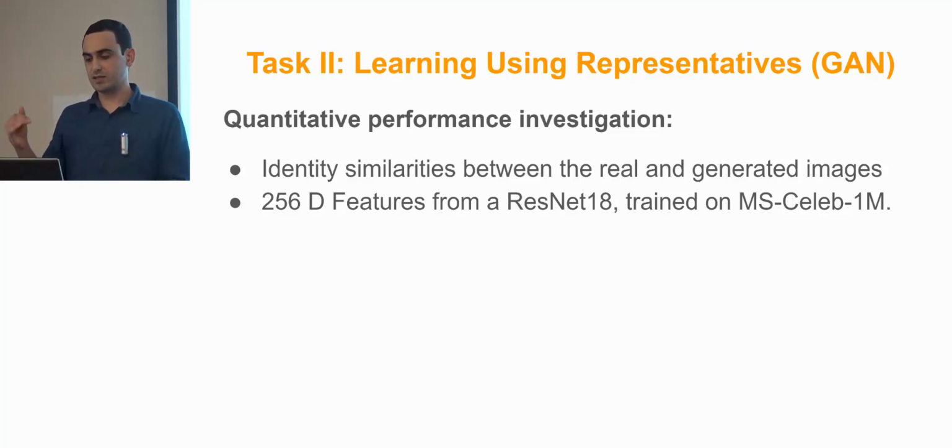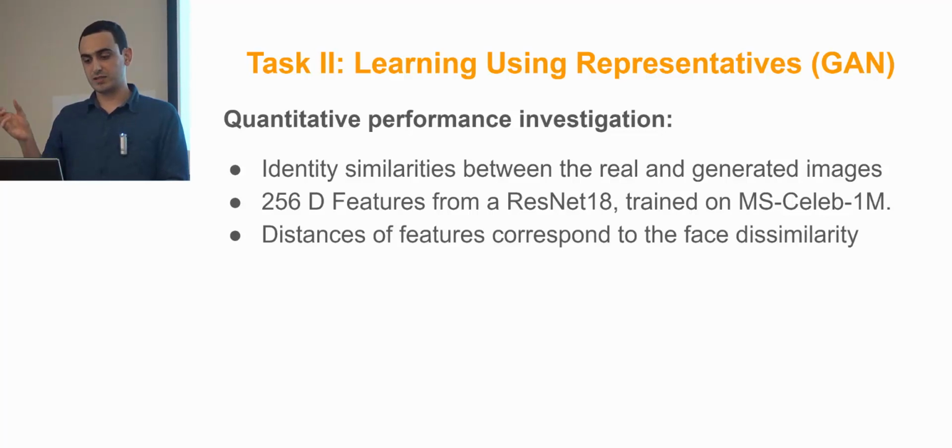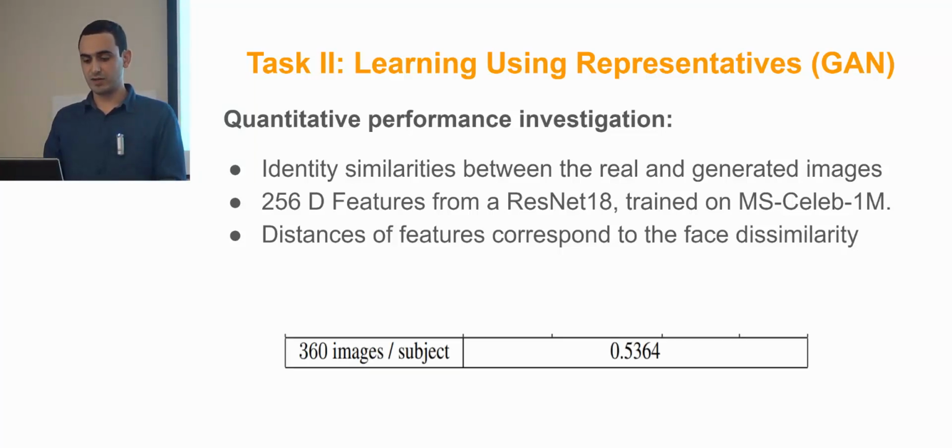So the thinking is that if the feature vectors are very close in that feature space, they probably belong to the same identity. In other words, the distances of the feature vectors correspond to the face dissimilarities. So we want them to be as small as possible for the same identity.